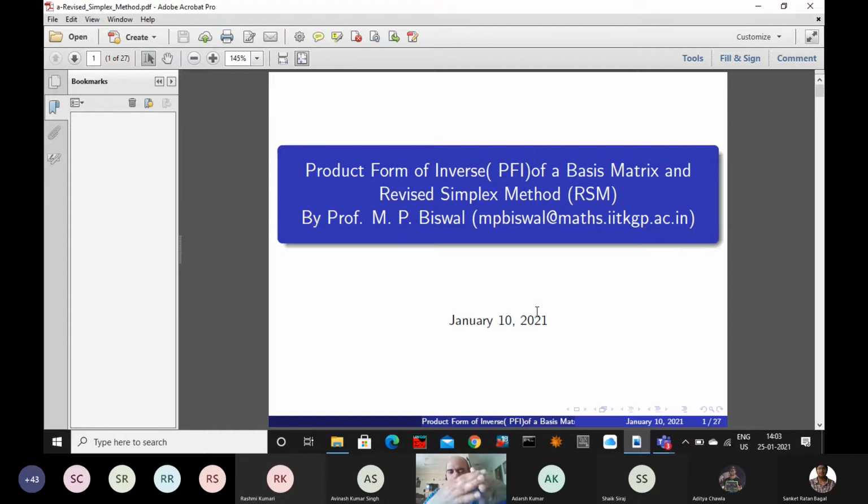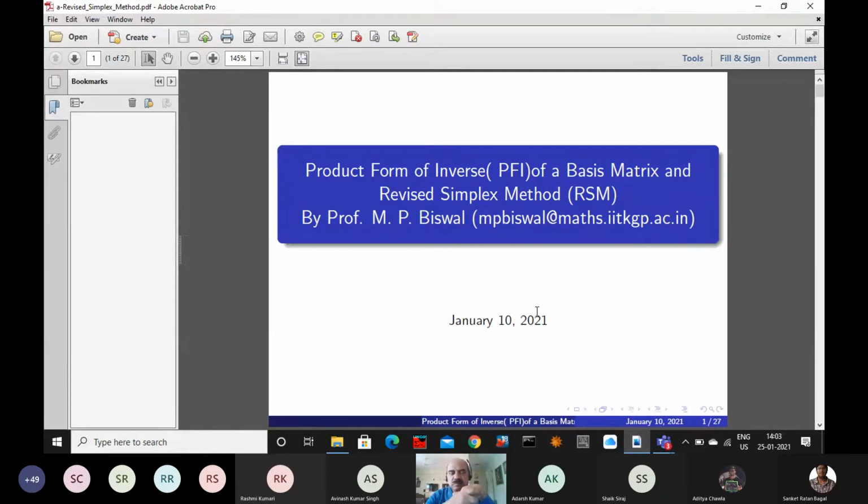But here what we do: in the simplex method, at a time only one column of the basis matrix is changing, then we are computing the inverse. After obtaining the inverse, the same inverse is to be used in the next iteration, repeatedly.